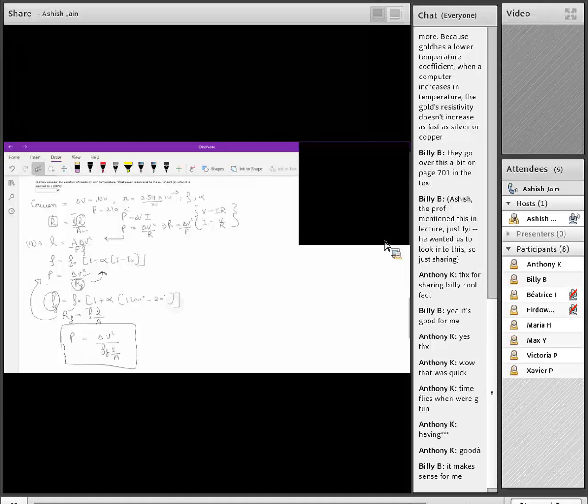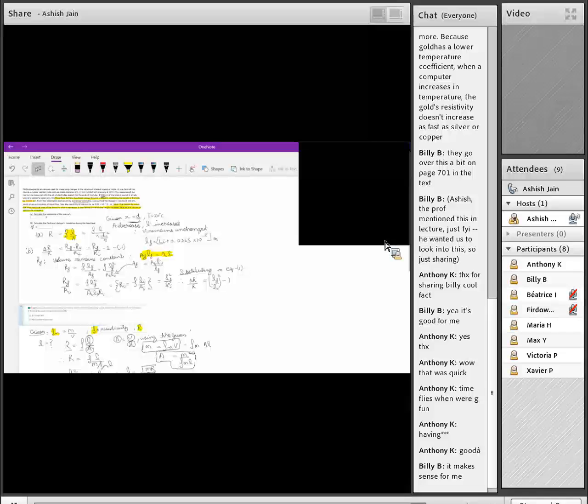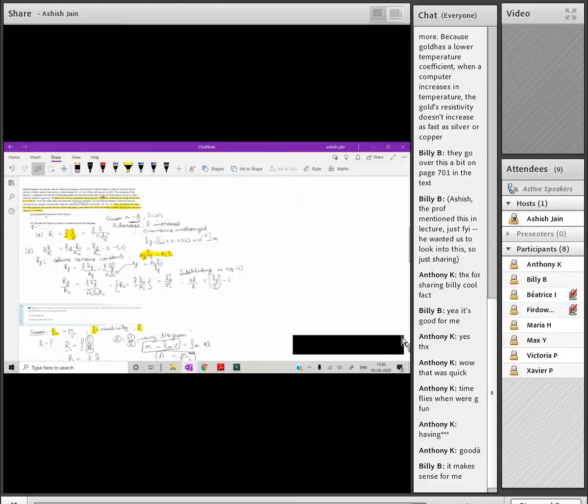Okay, so I did that. You have calculated the length here. You substituted length here. You have area. You calculated rho f here, and every variable is known now, so you can find the power.